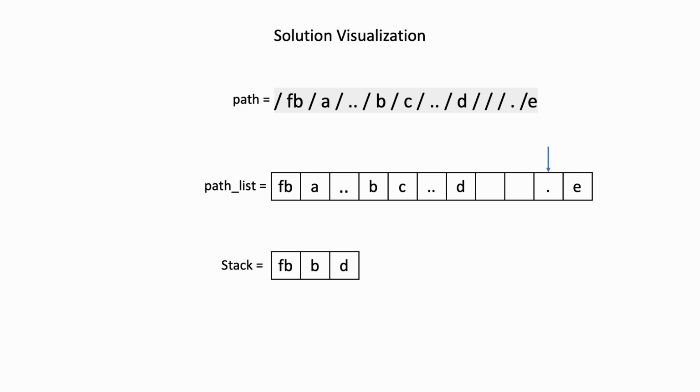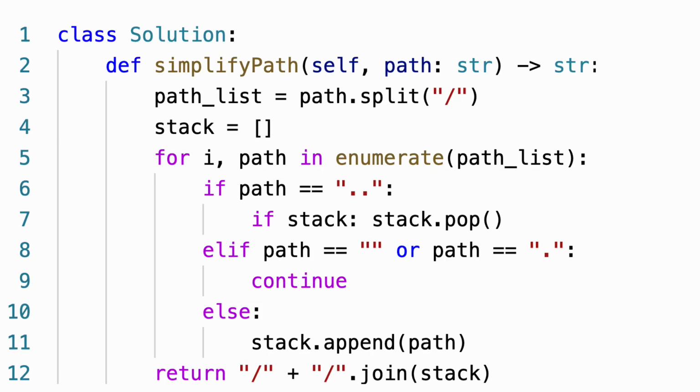Now we found a single period, which satisfies the current directory rule. It refers to the current directory D, which is already in the stack, so we do no operation and move to the next element. We append directory E to the stack. Next we convert the stack to a string by joining it with the slash character, and we get the expected output.